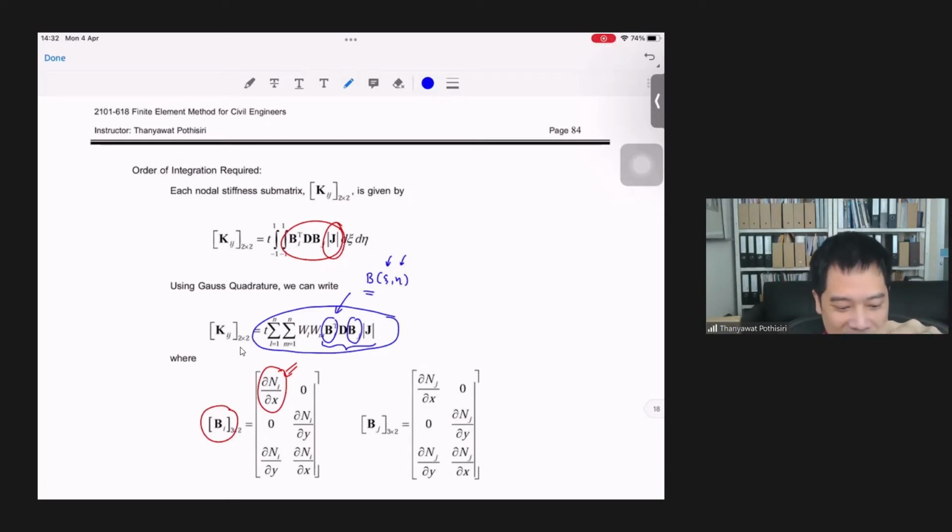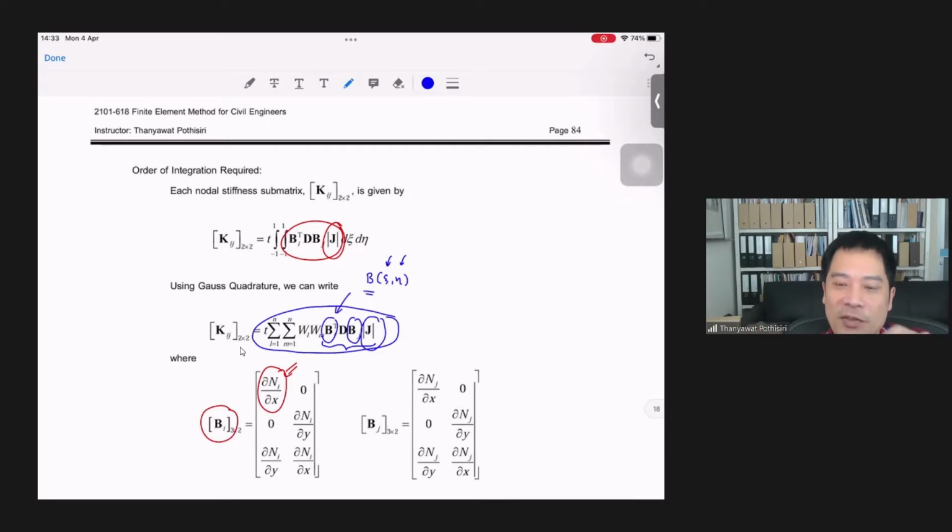So also the Jacobian matrix, the determinant of the Jacobian matrix, needs to be evaluated only at the sampling point. So basically you are doing the computation within each element only at the sampling point, and you do it for the total number of sampling points.